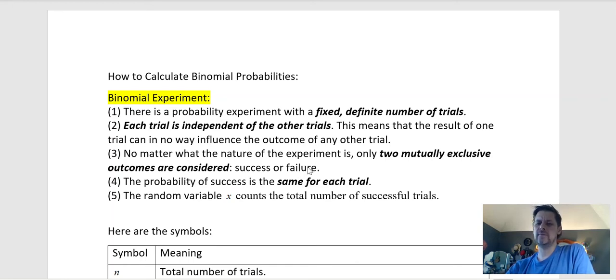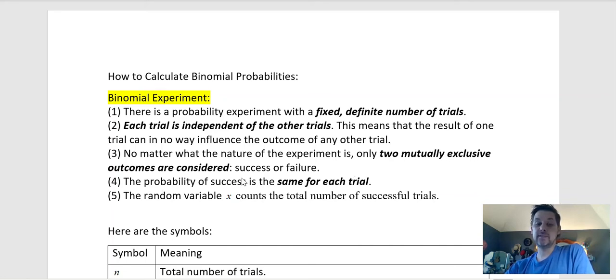By mutually exclusive, I mean that they can't both happen. A really basic example of a binomial experiment is flipping a coin a certain number of times. There are only two outcomes, heads or tails. They can't both happen. Each flip is independent of all the other flips. They cannot influence each other, and so on.